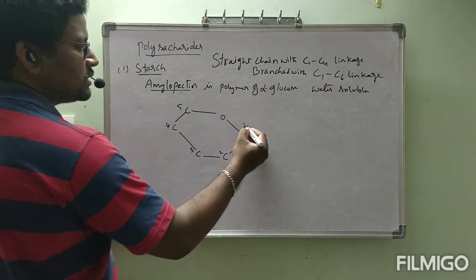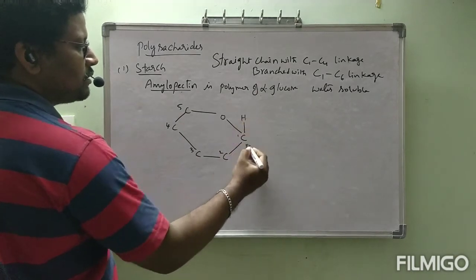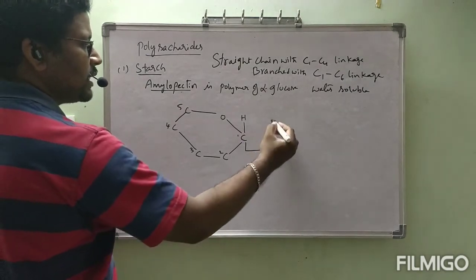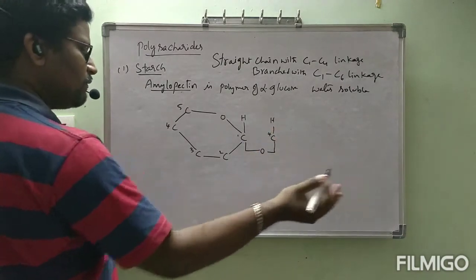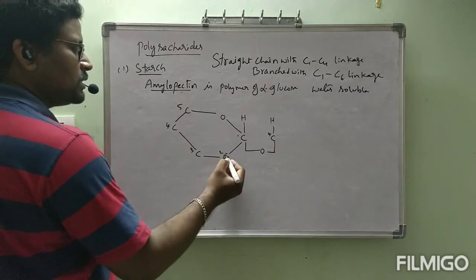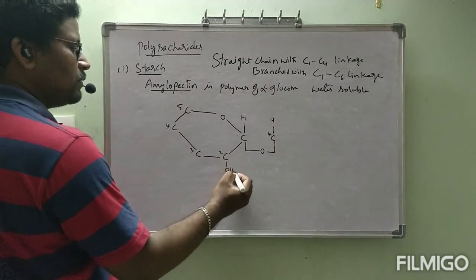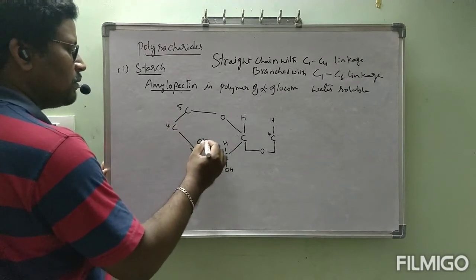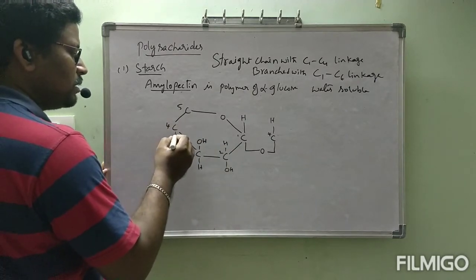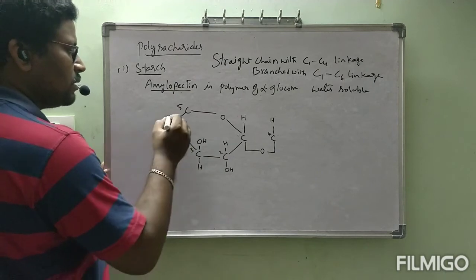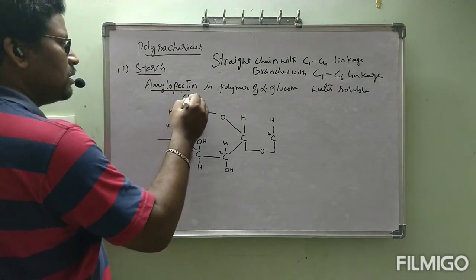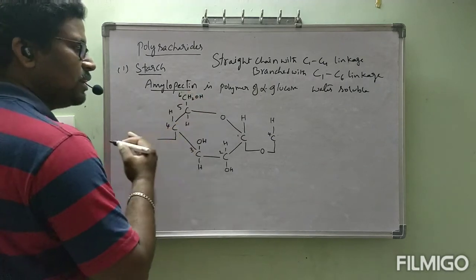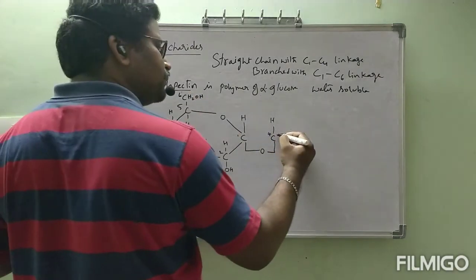This C1 contains H. This is a glycosidic linkage with another carbon. Again H here. This is C4 of the next carbon. C2 down OH, here H. C3 H, OH. Next again, this is continued with another one, above H, here CH2OH. This is the sixth carbon. This is H. It will be continued.